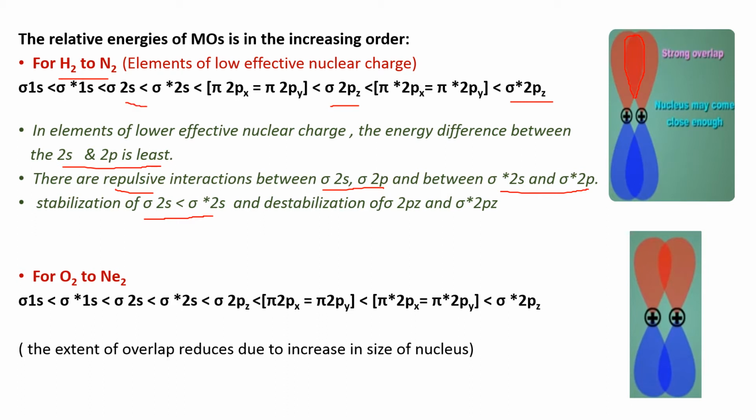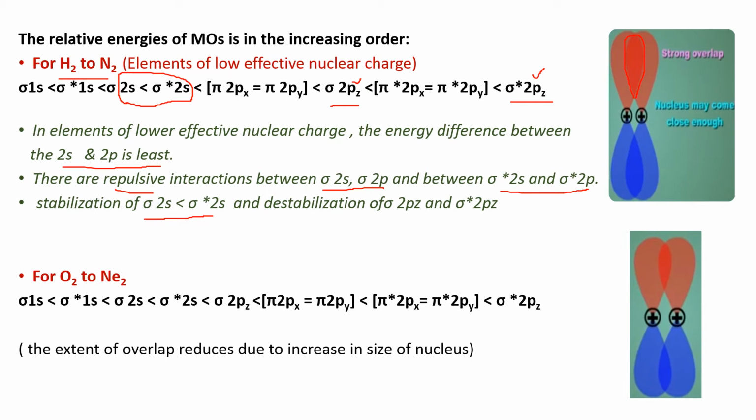So these two are stabilized and of low energy, and these two are destabilized and increase in energy. This is because of the small size of the nucleus and strong overlap, and the difference in energy between 2s and 2p orbitals being least. So this is why the relative energies of MOs are in this order.